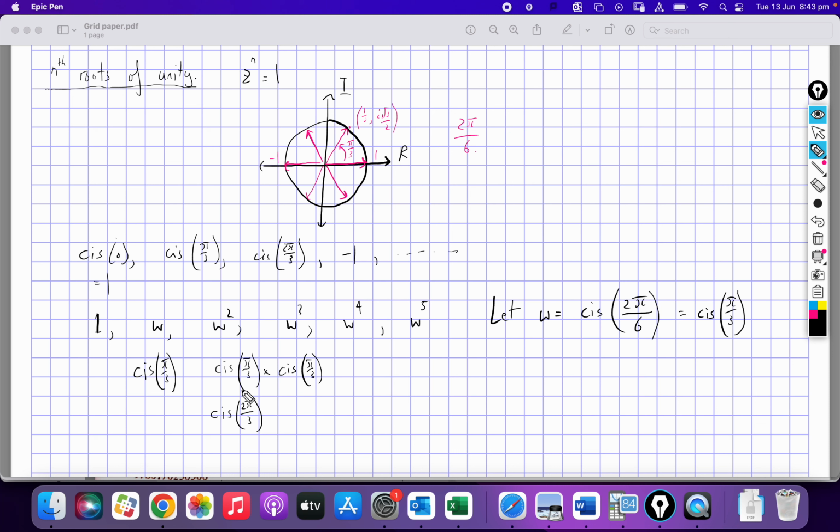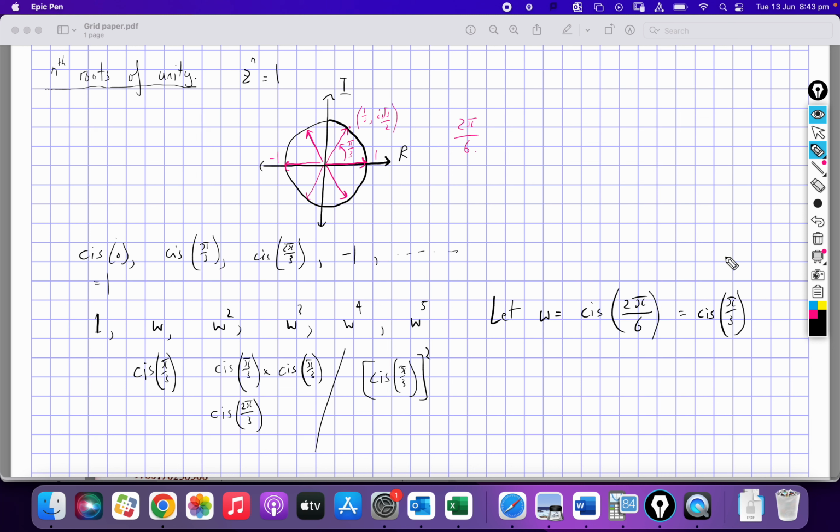Or you could use de Moivre's theorem, and you could say this is all equivalent to saying cis pi on 3 squared, right? And then so the power of 2, you would multiply your argument by 2 to get 2 pi on 3. And that's going to keep going.